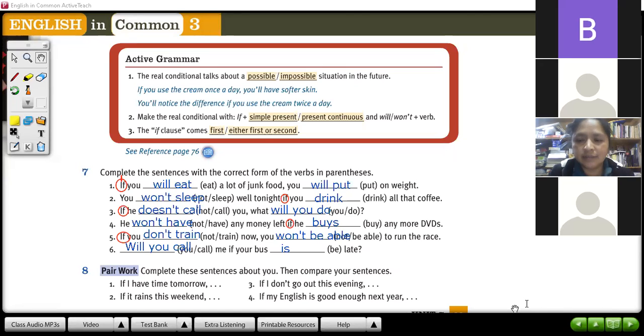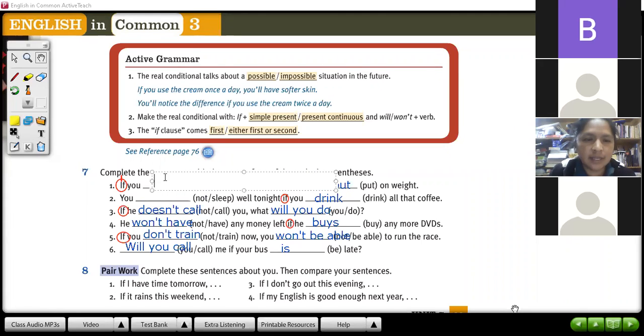No mistakes. There is a mistake: after if, never will. Here it is in the present. Here must be in the present. Okay? In number one, it is if you eat, just in the simple present.